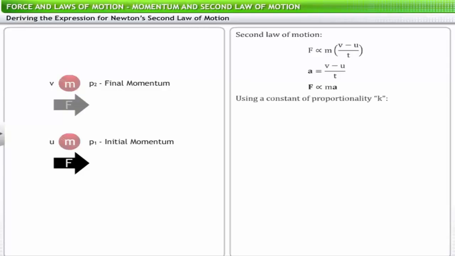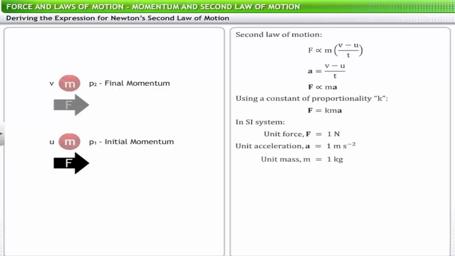We use a constant of proportionality, k, to equate this relationship. Therefore, F = kma. In the SI system, a unit force is a force with a magnitude of 1 Newton. Unit force is defined as a force that produces unit acceleration, that is, 1 meter per second square, when applied on a body of unit mass 1 kilogram.